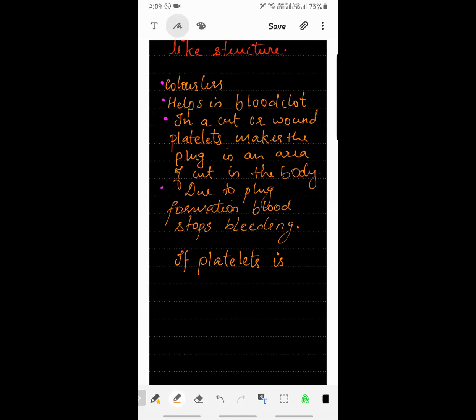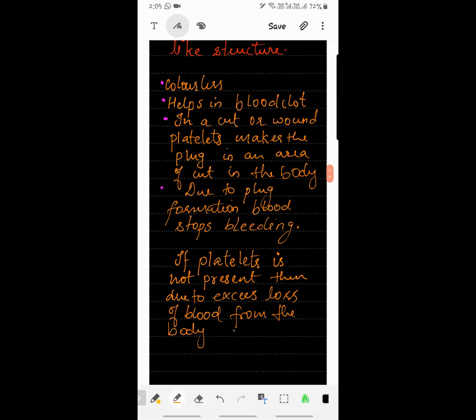So if platelets are not present, then due to the excess loss of blood from the body, it can be fatal to animals, not only human beings.